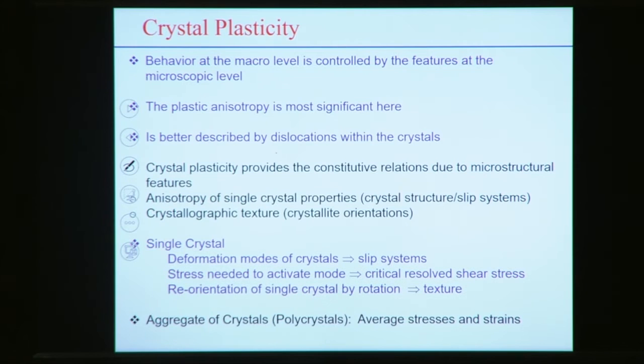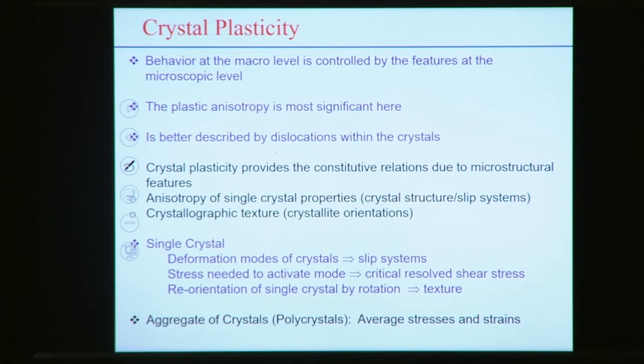Now we'll start with crystal plasticity. What do we mean by crystal plasticity and why is it necessary? One thing is that behavior at the macro level is actually controlled by the features of the microscopic level.